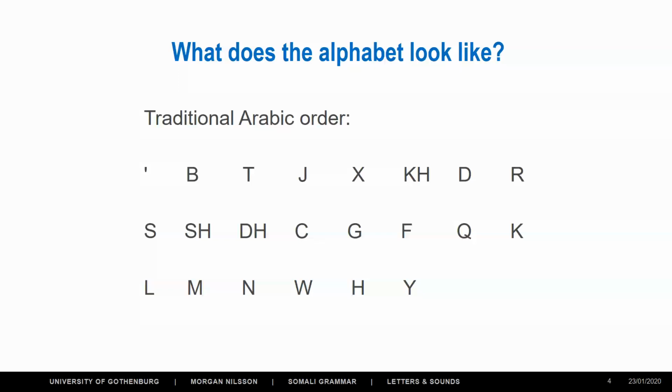This sign represents the glottal stop, as it's called, and when speaking about Somali consonant letters, this small sign or letter is often forgotten, but it is definitely one of the 22 consonants in Somali.